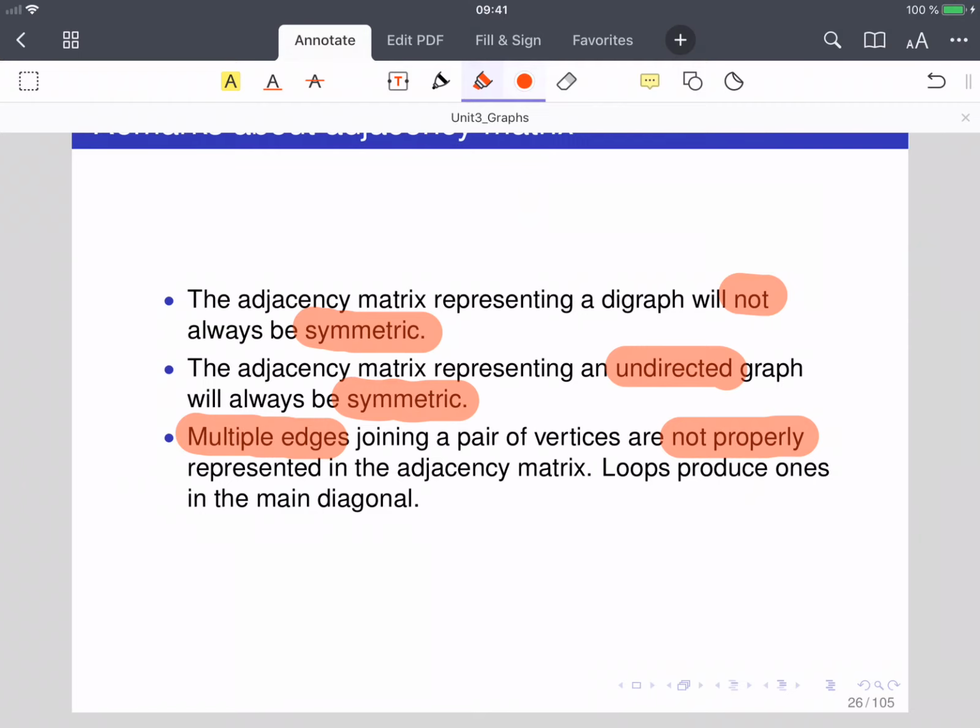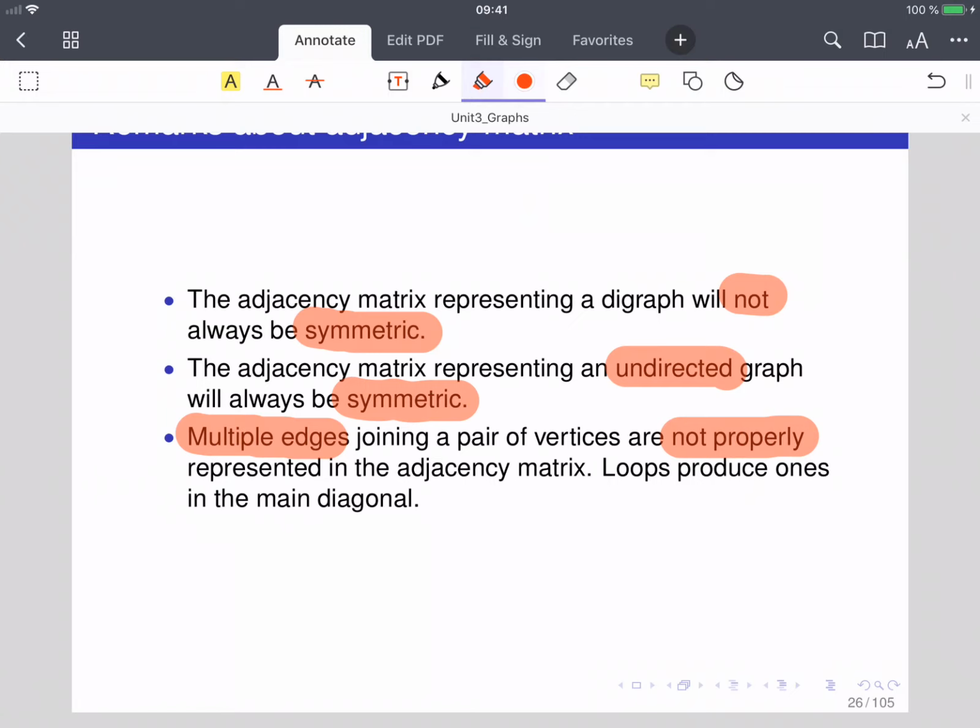If we want to use this kind of representation for a graph that has multiple edges between pairs of vertices, then we can extend the notation, and instead of using zeros and ones, we can use any natural number.